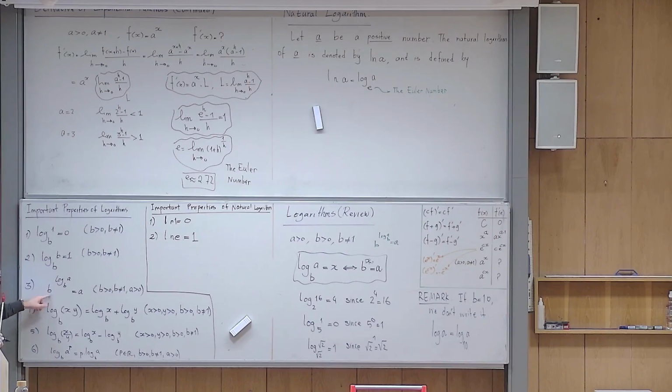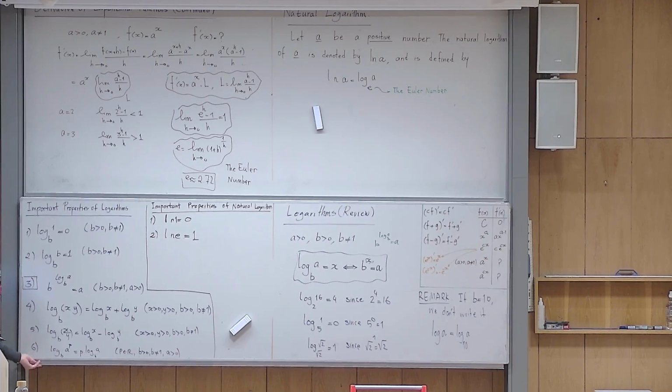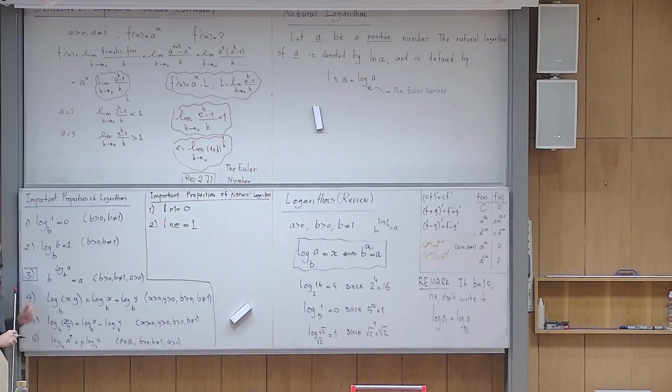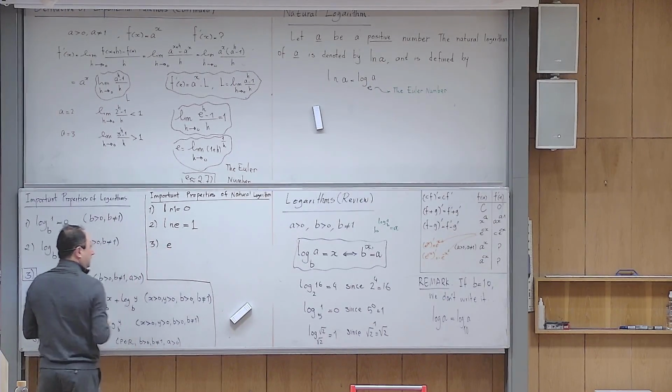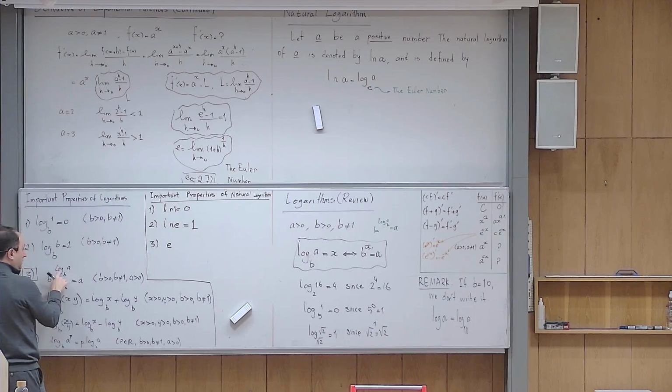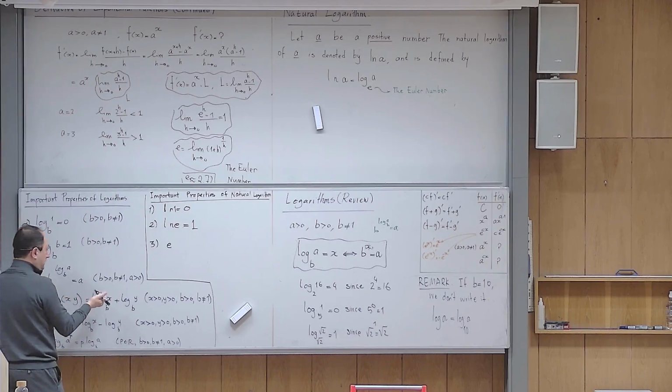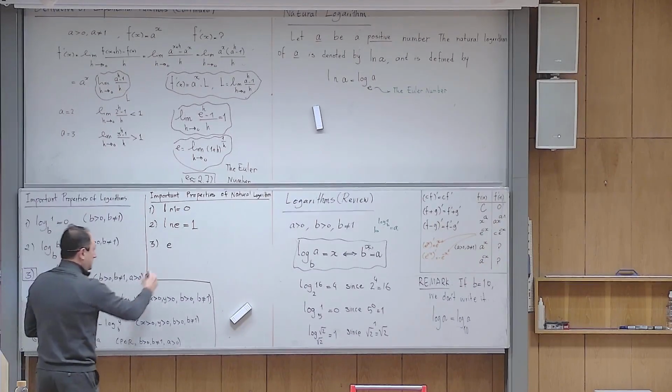So how does this formula, which is probably the most important for our case here, read? Instead of b you put e. Then number 3 becomes e to the power of logarithm of a to the base e is a. If you want, I can write it. Let me write and clean it.